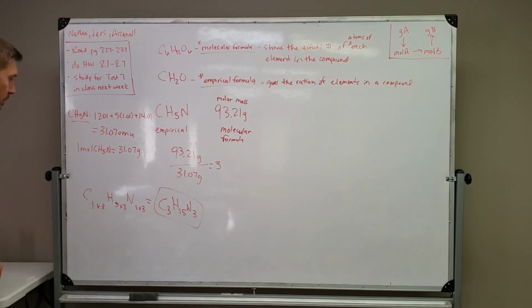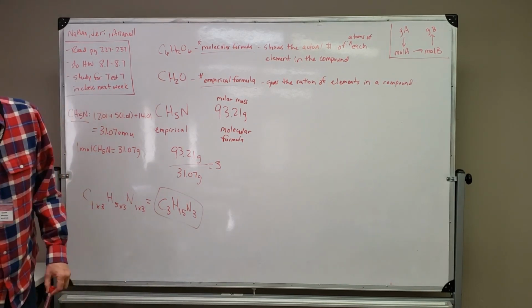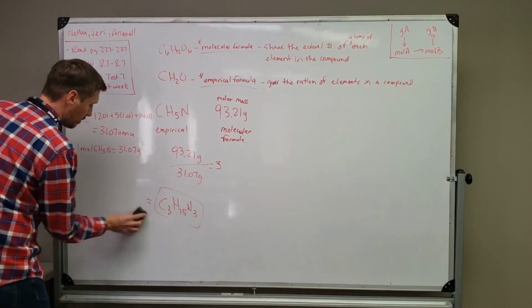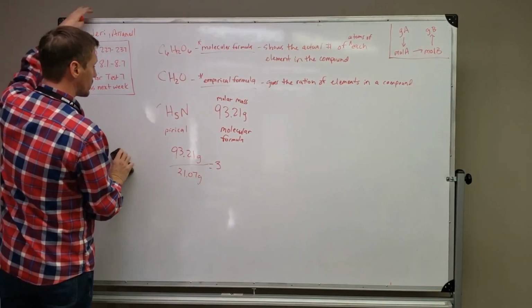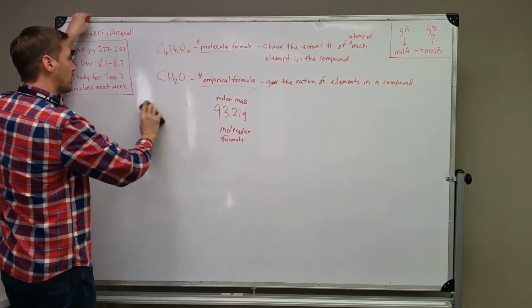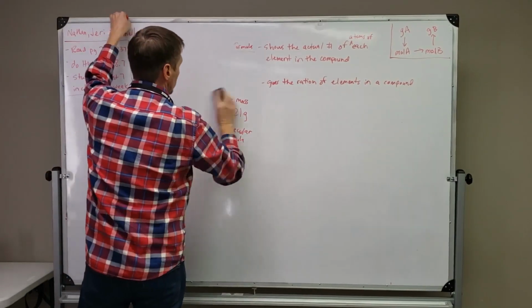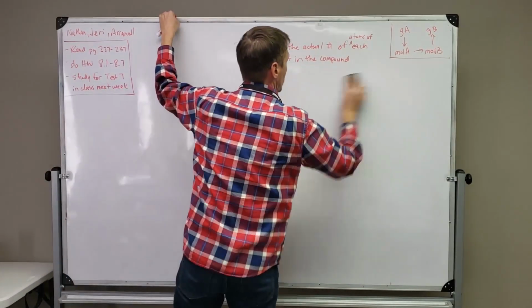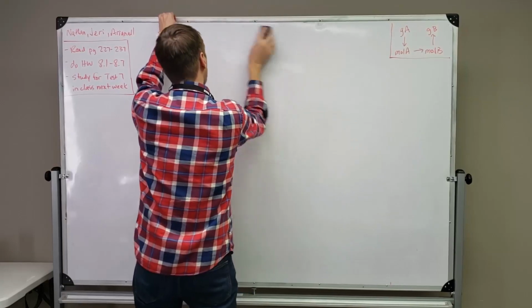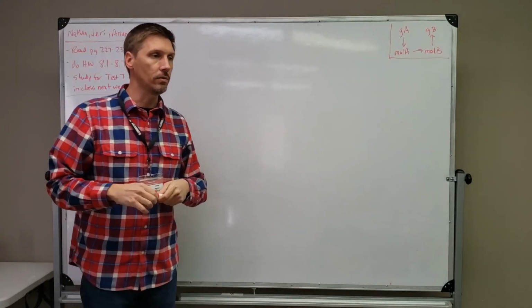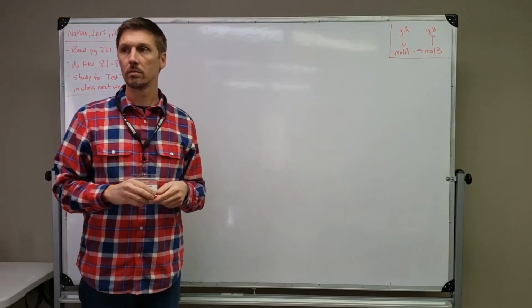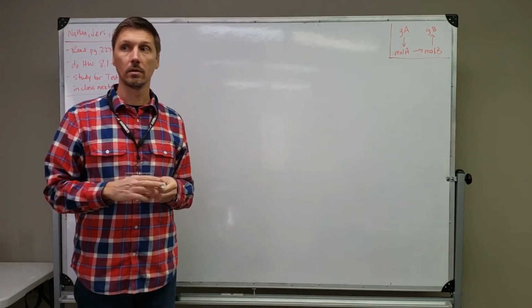All right, the last thing that we want to talk about is finding the empirical formula of metal oxides. What are metal oxides? Those are substances that are formed whenever we burn metals. So when you burn something, you have to add what to it? What other compound are we adding to it? Oxygen, right?